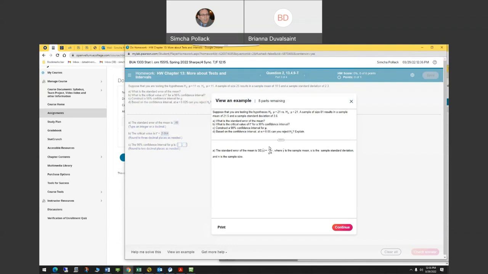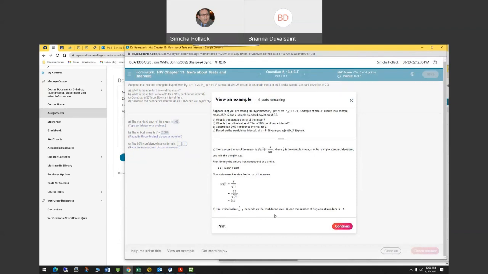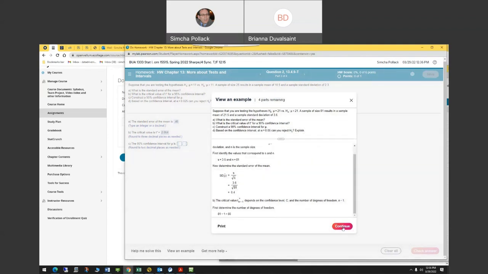So first they tell you the formula I just mentioned. Okay, that's that. Critical value, confidence level, and number of degrees of freedom. Remember the degrees of freedom is the sample size minus 1. In this case, the sample size was 81. We know that.